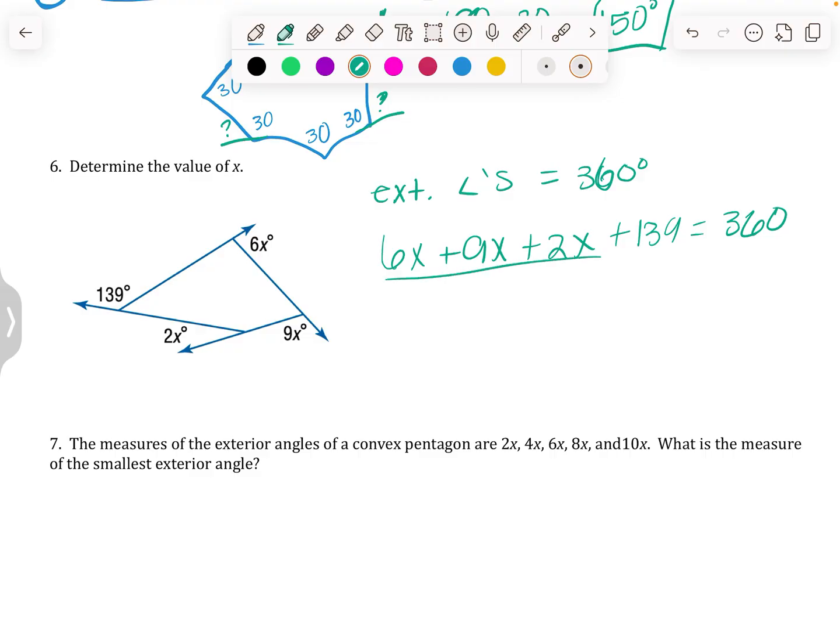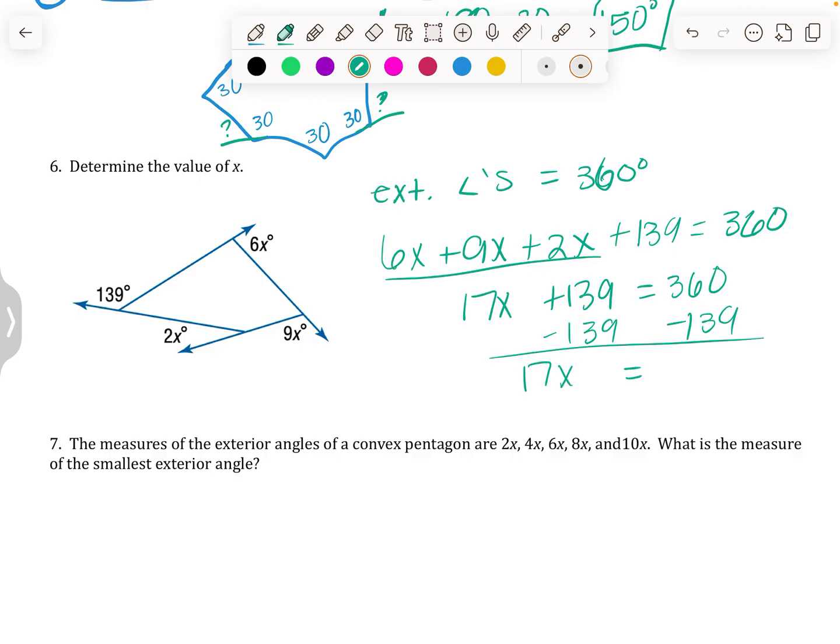Combine your like terms: 17x plus 139 equals 360. Subtract 139, so 17x equals 221. Then divide by 17. 17 times 10 is 170, and you need 3 more 17s, so x equals 13.